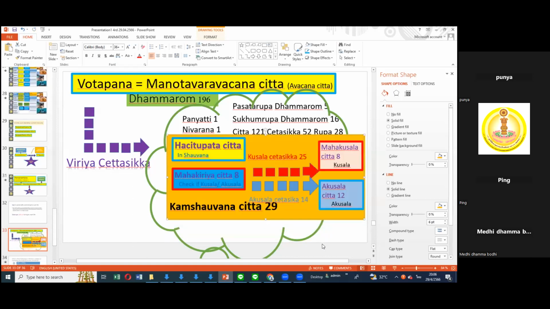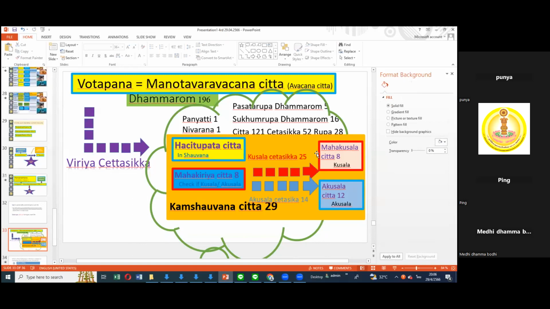Yeah, very important. Kusala Chaitasika 25 conveys from Mahakiriya Chitta 8 to Mahakusala Chitta 8 in Kamma Javana here. And when Mahakiriya Chitta 8 has checked that it is Akusala, it's gonna convey to the Akusala Chitta 12 via Akusala Chaitasika 14 here.